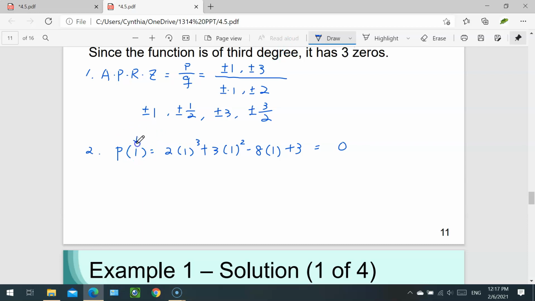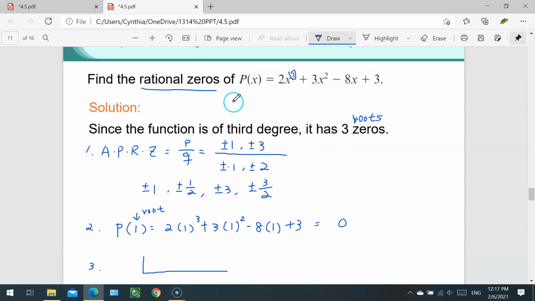This is a root of the polynomial. So that means 1 is a solution of this function. Now, since I know 1 is a solution of the function, that means I can use synthetic division to break down the function, or to depress the function, into different pieces.